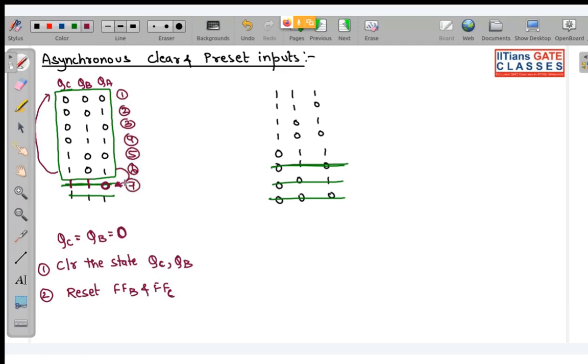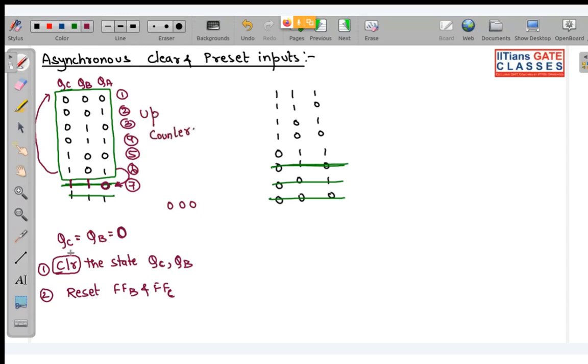So at the seventh clock pulse, if I clear the state of QC, QB, or if I reset flip-flop B and flip-flop C, what will happen? Instead of going to 1, 1, 0, it will go to 0, 0, 0. So this is where clear comes into play. So clear, when does it come into play? When you have to clear the state of flip-flop in your up counter.